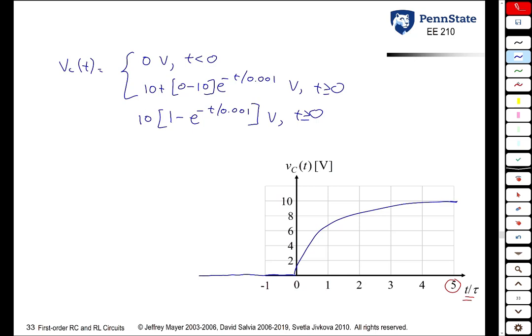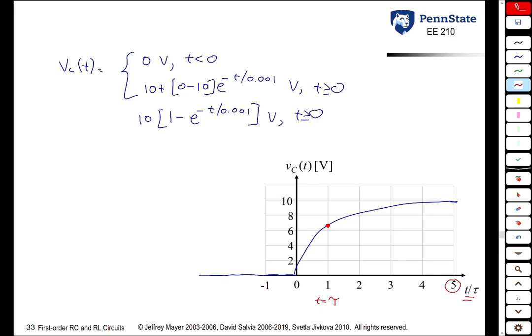Final point I want to make is regarding the value of the voltage across the capacitor at one time constant. If you recall, in the source-free case, we saw that when the capacitor discharges, it's always 37% of the initial value after one time constant.